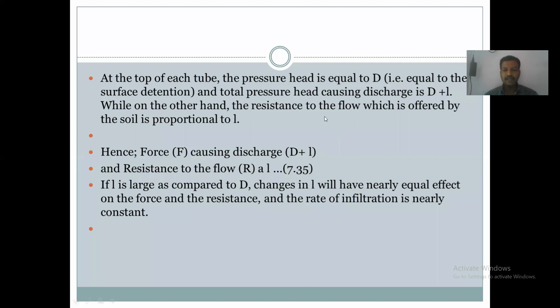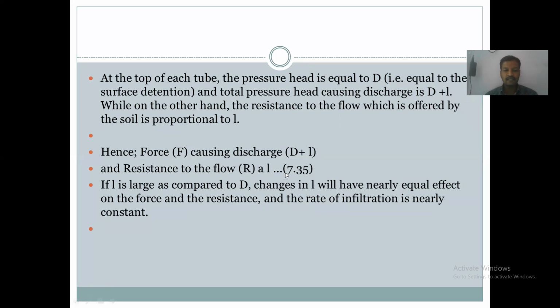On the other hand, the resistance to flow offered by the soil is proportional to L. The force causing discharge is D plus L, and the resistance to flow is equal to L. R is equal to L. F is equal to D plus L.